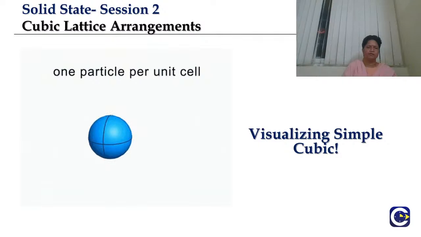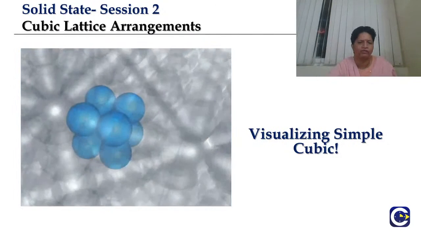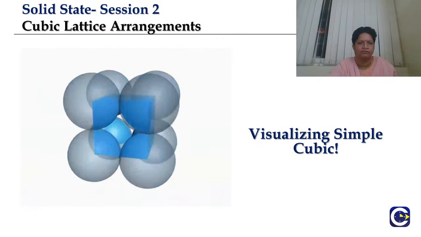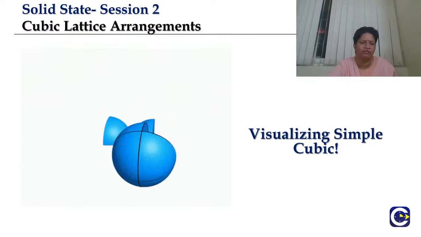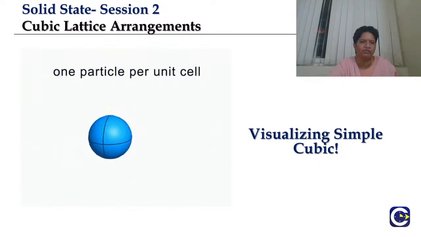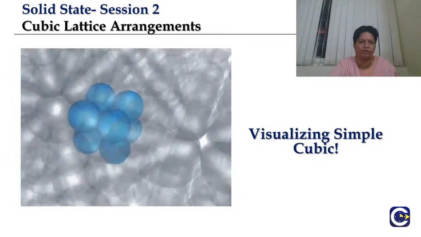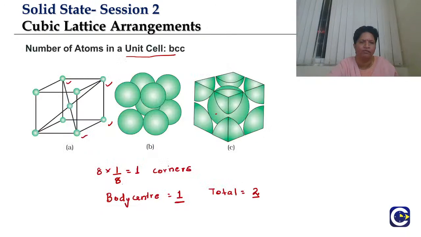In a simple cube we are getting 1 lattice point per unit cell. So you are able to understand how we are getting 1 whenever we have the lattice points at the corners in a simple cube. So the contribution of atoms in simple cube is 1.